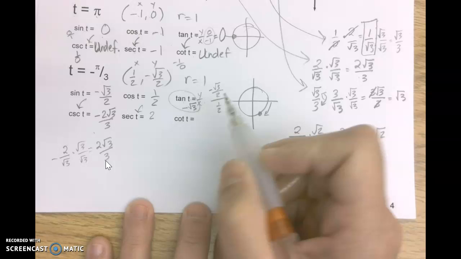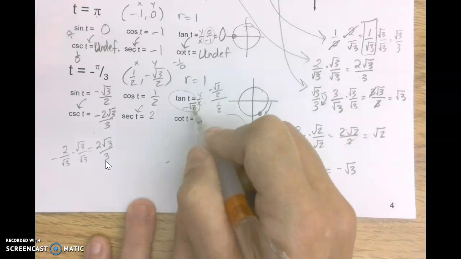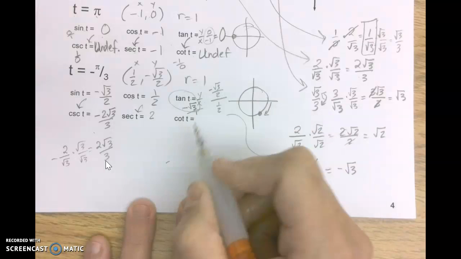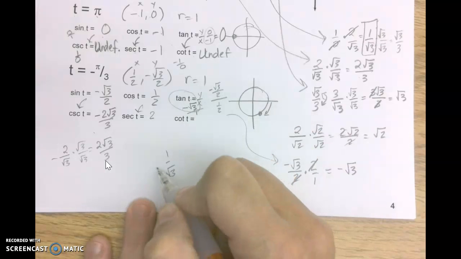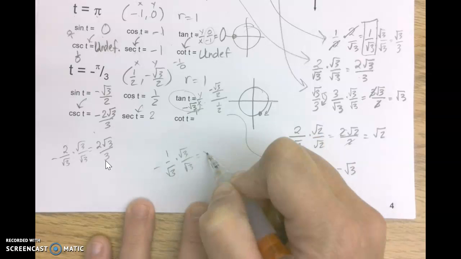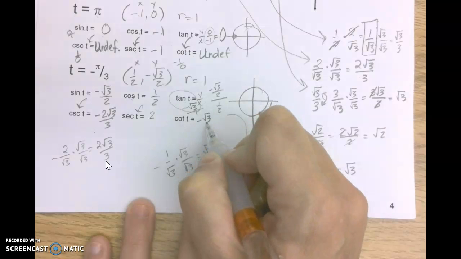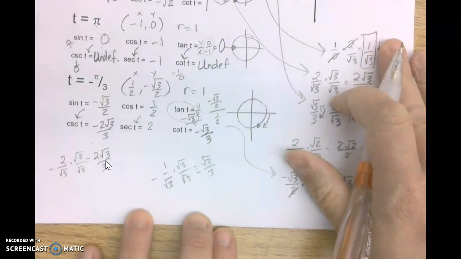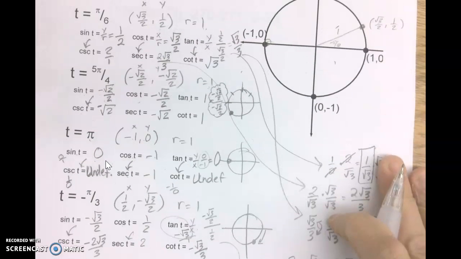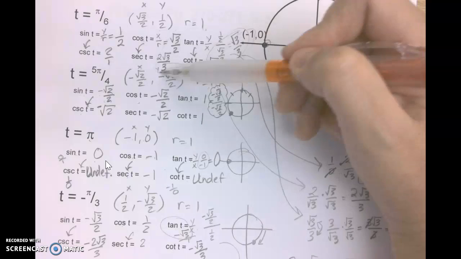And for cotangent, if I want the reciprocal, remember that's this is over 1, so I'll do 1 over the square root of 3, rationalize, and I get the square root of 3 over 3 negative. But again, I could have scrolled all the way back up here, and I could have seen the reciprocal relationships right there.